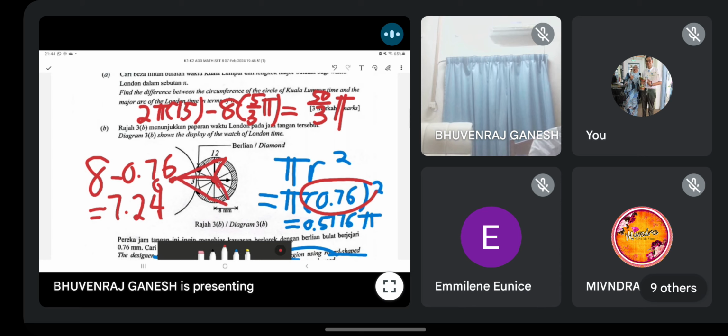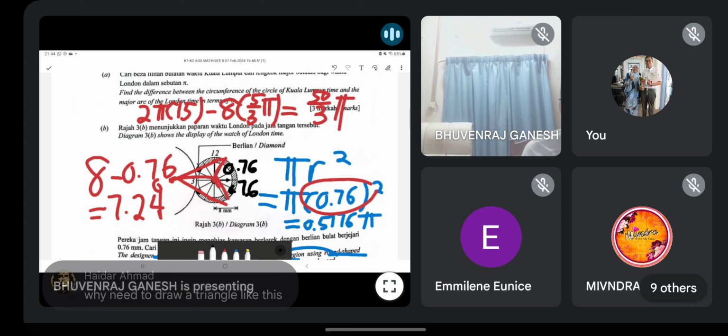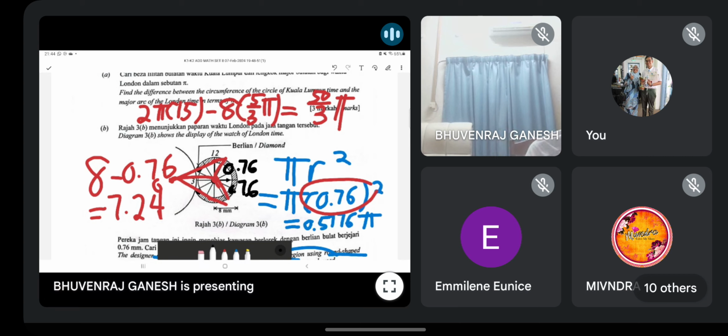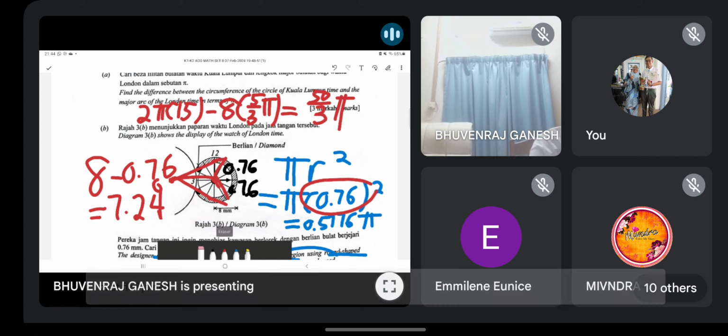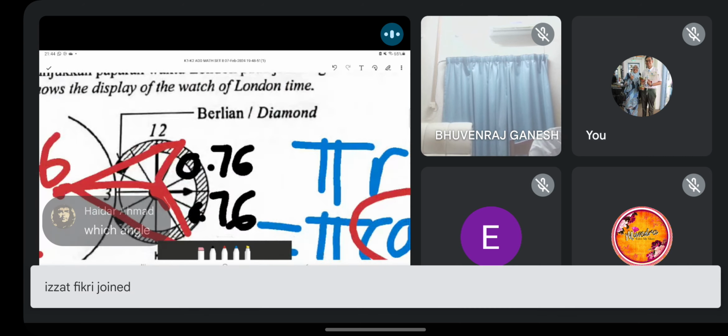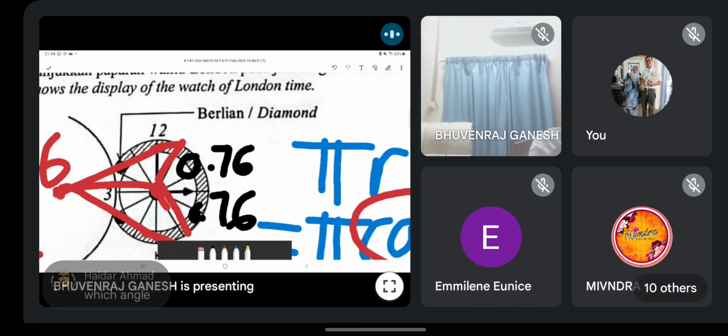Guys, can get it until now? Can. The radius is 0.76. You need a triangle to get the angle. If you don't have a triangle, you cannot find the angle.